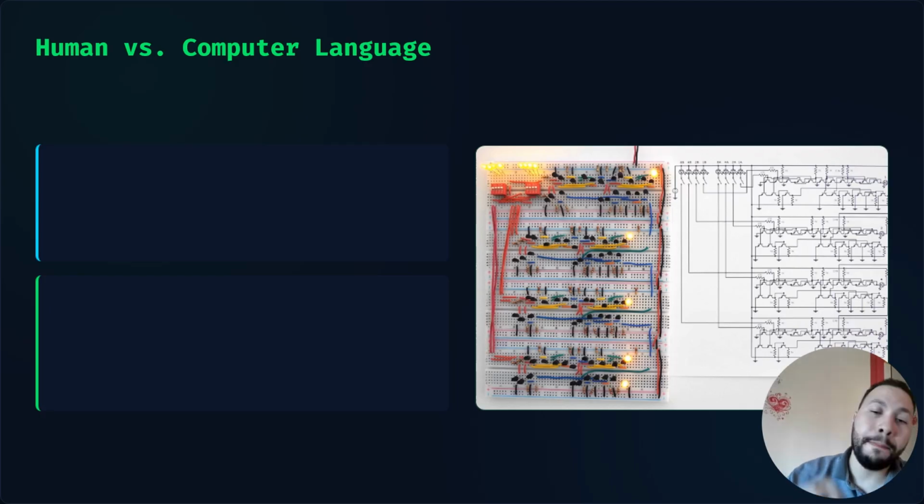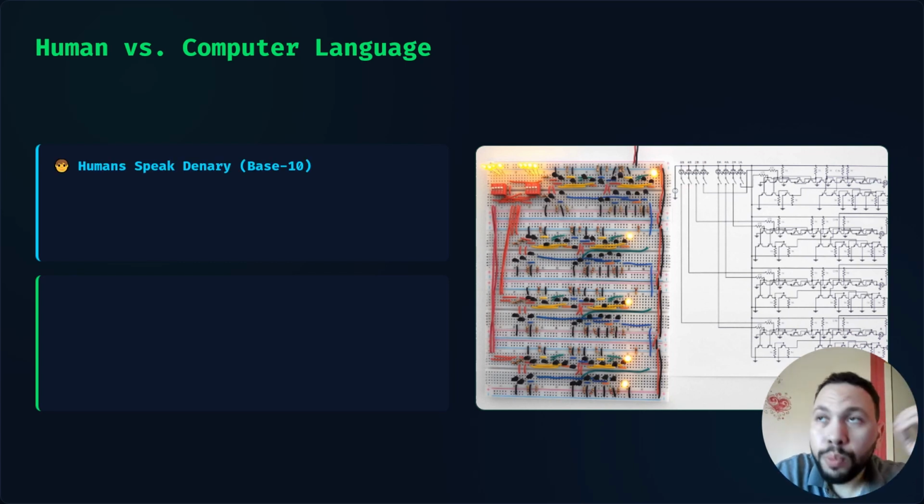Today we have two things to talk about: the human versus the computer language, and the computer language is the 0 and the 1, as we said before. So we as humans speak a language, English, right?